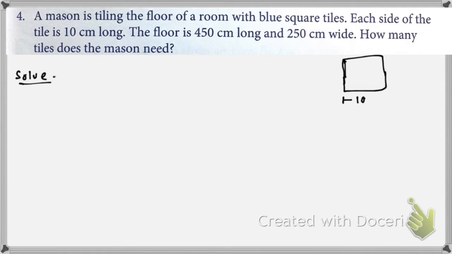So this is 10 centimeter. So students, we have been given the side of tiles, that is 10 centimeter. Now the floor is 450 centimeter long and 250 centimeter wide.